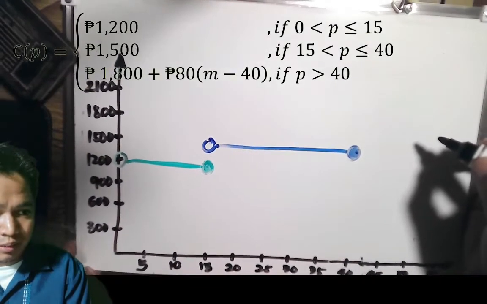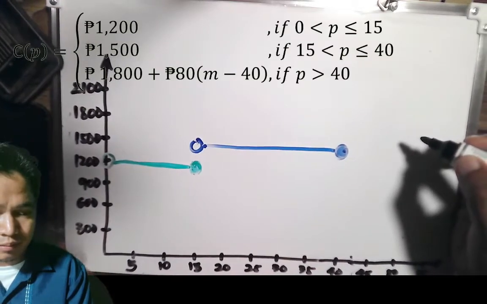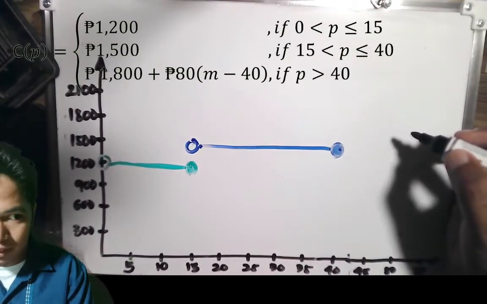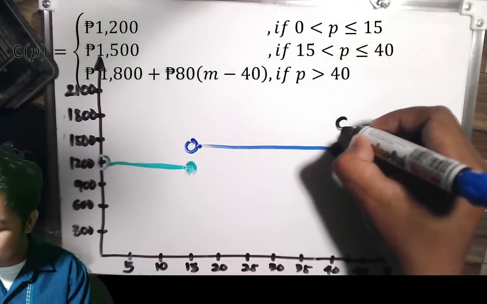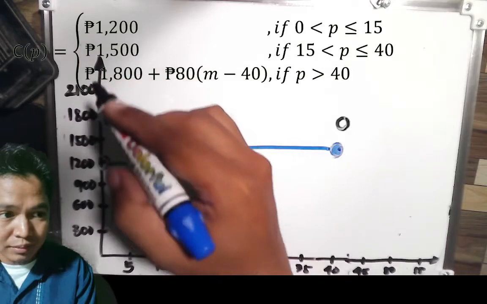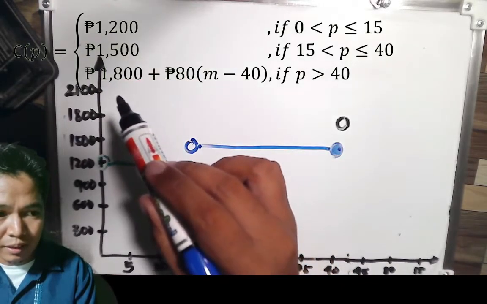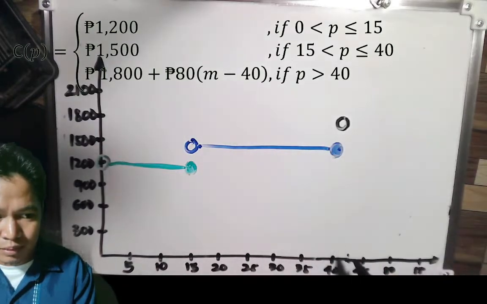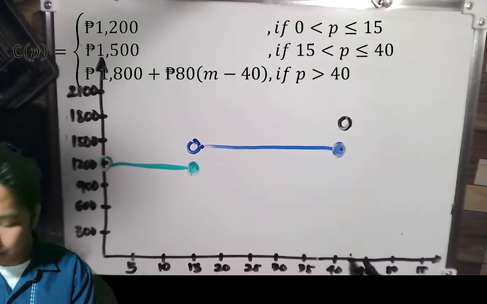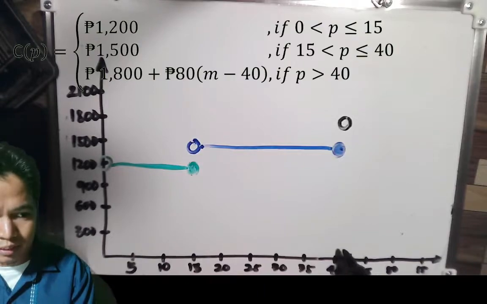Okay, 1,800, ayan. So that is 1,800. So, open dot naman ulit siya since ang ating 40 is not included. Yan, 40 is not included.